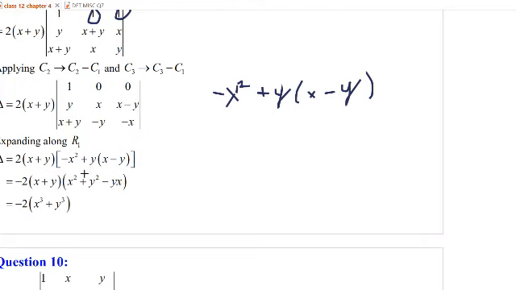So this is x square plus y square minus yx once you take negative common, and now a square plus b square minus ab is a cube plus b cube. So you'll get your answer.